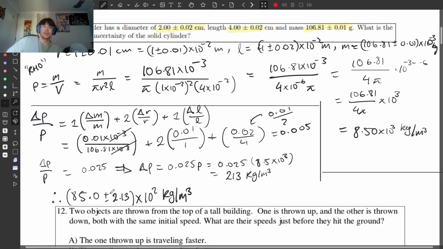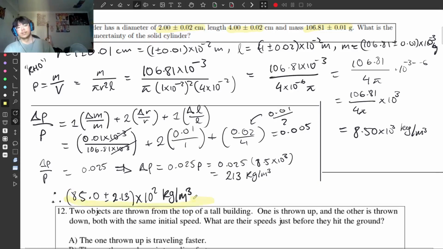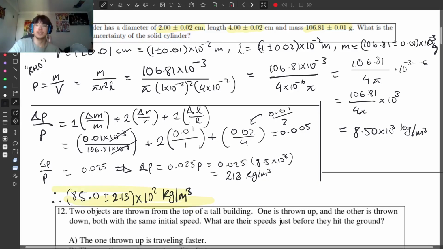And the reason why I wrote this as 85.0 is because now I can write both of these with the factor of 10 to the 2. So it makes my answer look a bit cleaner. So that's our answer.